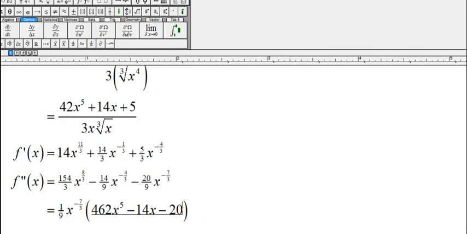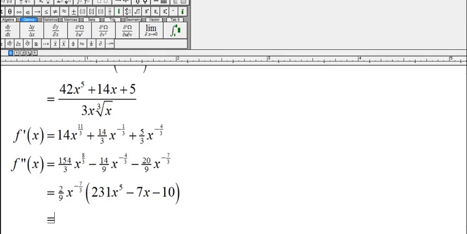And actually, notice that these all have a common factor of 2, so I should have actually factored out a 2/9. So let's go back and do that now. I can divide all these by 2: 231, 7, and 10. Now this may be a slightly easier way of doing this than I simplified the last one.